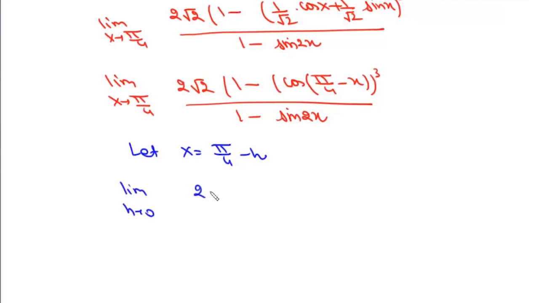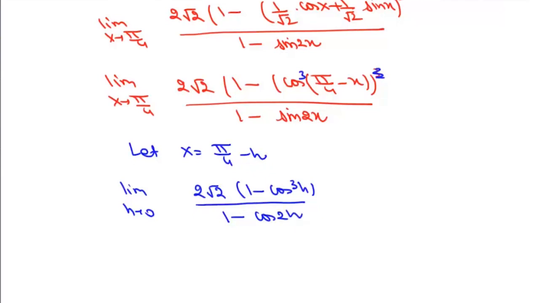h tends to 0, 2 root 2 (1 minus cos cube h), this part should be this cos cube, and then it will be 1 minus sin 2 into (pi by 4 minus h), which will be sin (pi by 2 minus 2h), that will be cos 2h.